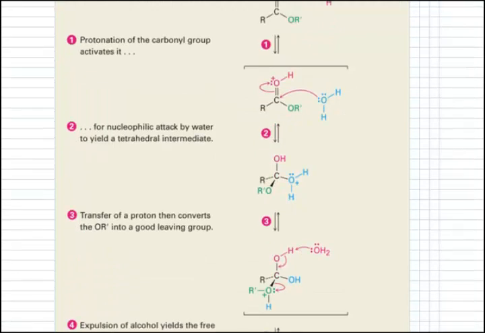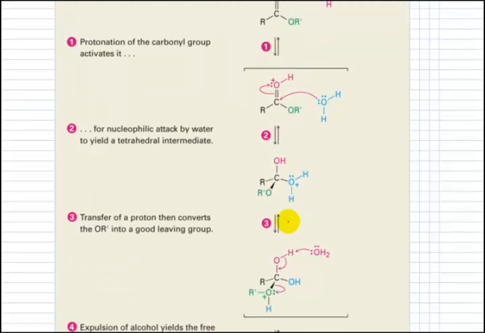Here is the proton transfer that occurs, from the extra H that was on the water that just attacked to protonating the OR group. That makes the OR group into a better leaving group. If we just left it the way it was, our protonated water is the leaving group. And if that got kicked out, we'd be right where we started.